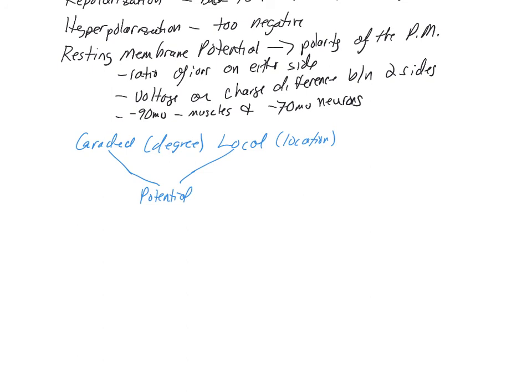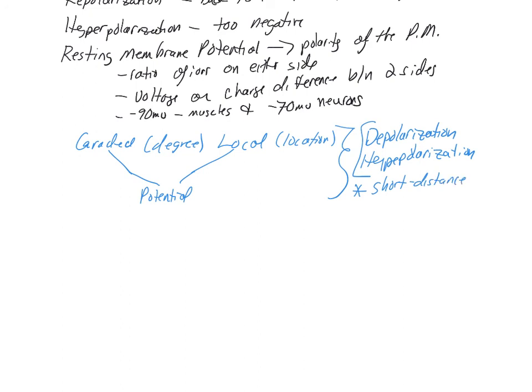They can be depolarizing a membrane, or they can be hyperpolarizing a membrane. That's an important thing to remember, so it can be one of those two things. The other thing to remember is that these tend to be short distance, which is why we call them local, and short-lived. They fizzle out fast.